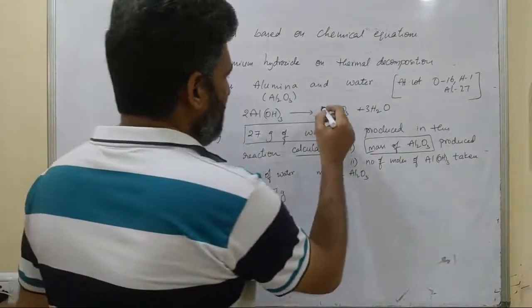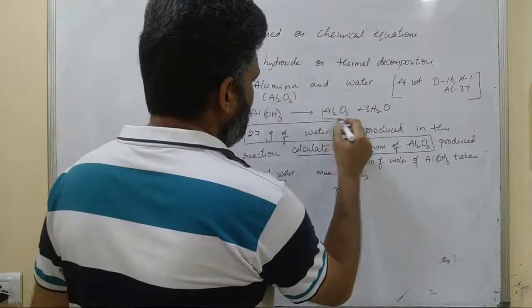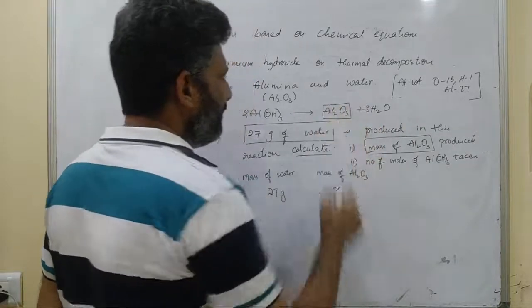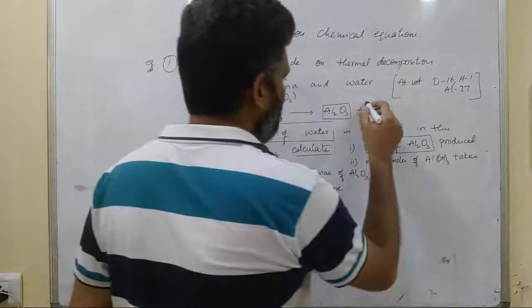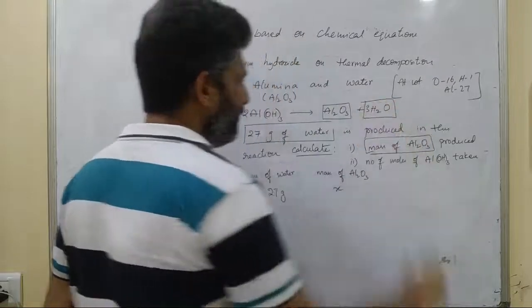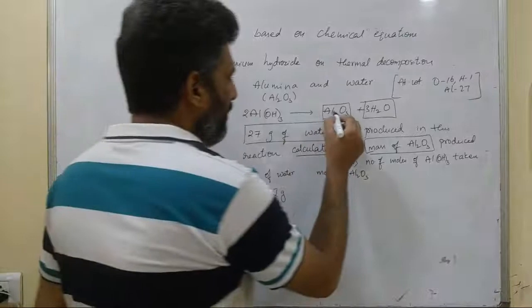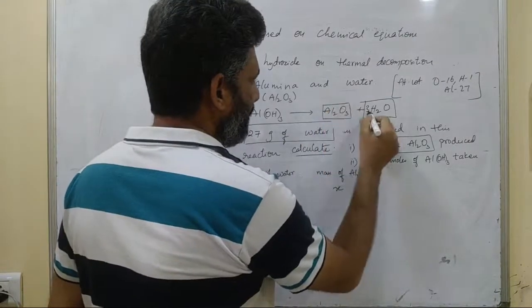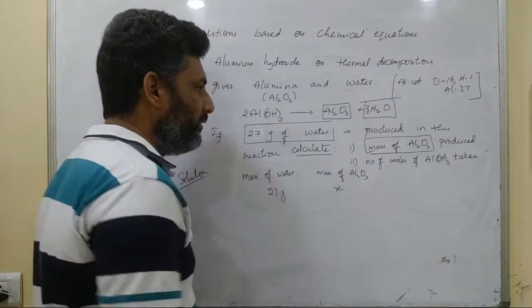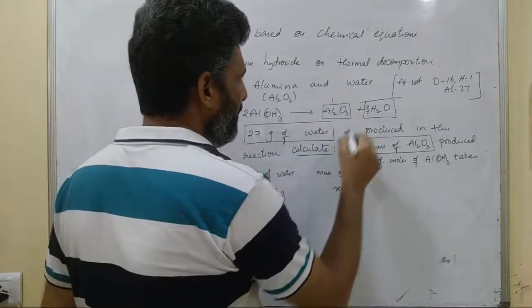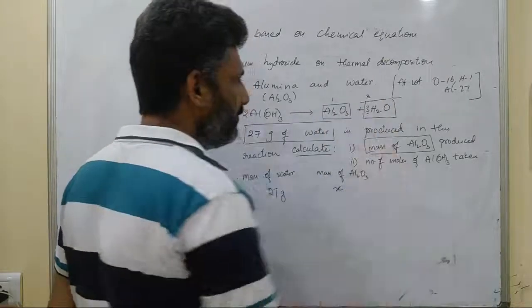From the equation we can see that for 1 mole of alumina you will get 3 moles of water.